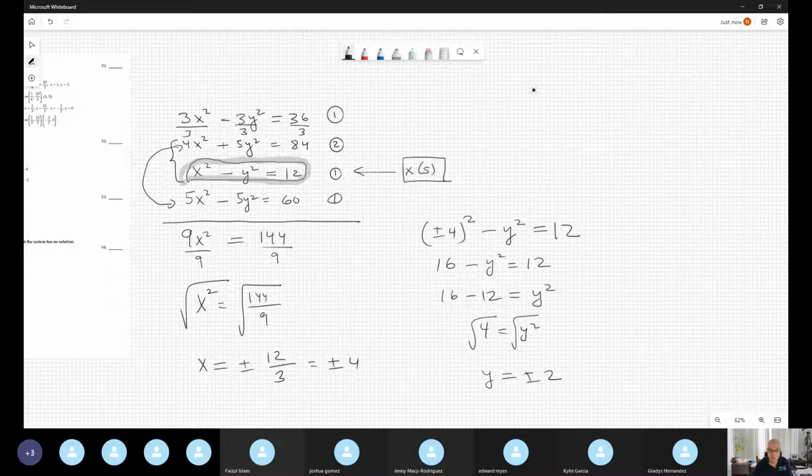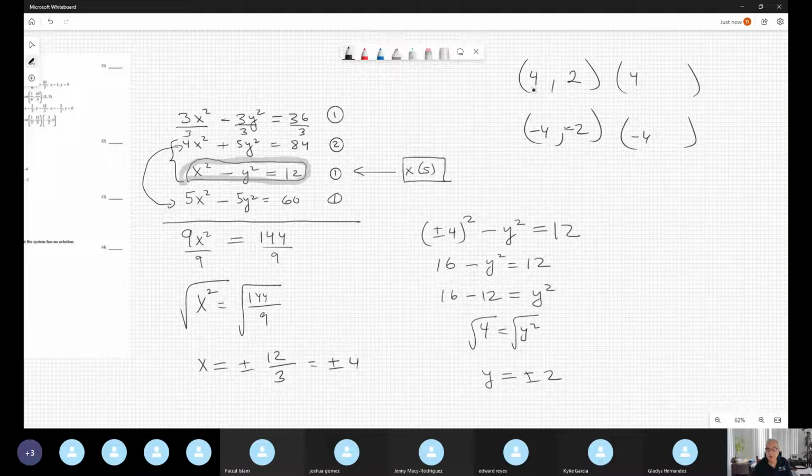This is obvious that we have 4 solutions. In the combination, positive 4, negative 4, and positive 4, negative 4, and we get positive 2, negative 2, and positive, negative 2 here, and positive 2 here.